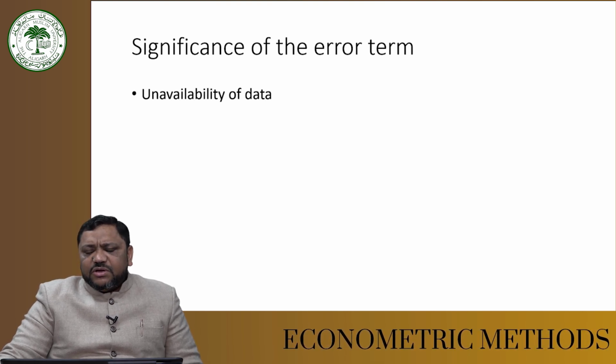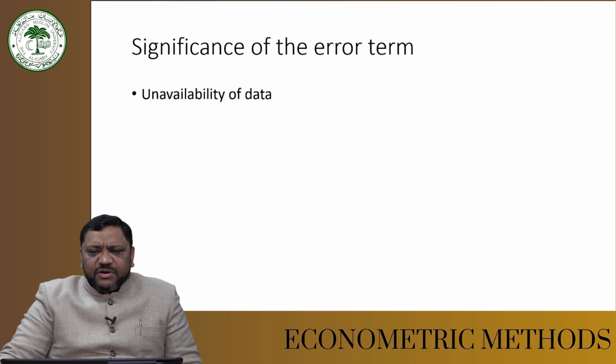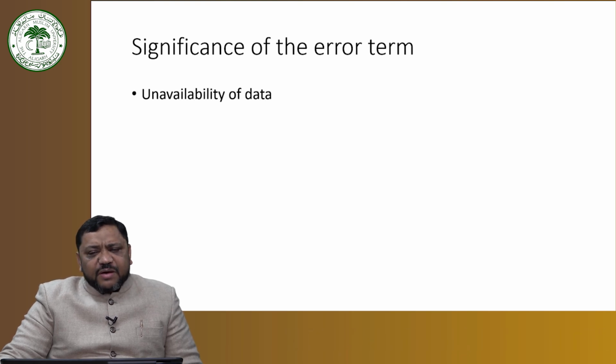For instance, while it could be theoretically beneficial to include, say, family wealth as an explanatory variable alongside income to elucidate family consumption expenditure, the information on family wealth is typically unavailable. Consequently, we might be compelled to exclude the wealth variable from the model, despite its significant theoretical relevance in explaining the consumption expenditure.